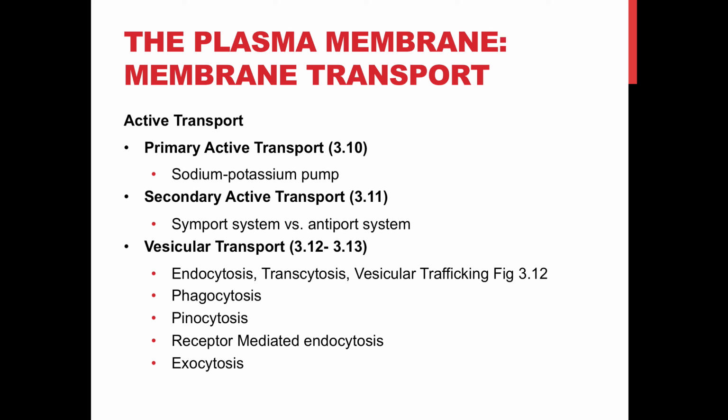But when we talk about primary active transport, a lot of times we're going to use the sodium-potassium pump as an example. And I'm just going to read this directly from the primary active transport section, and then I'll try to clarify a little bit. Okay. In primary active transport, hydrolysis of ATP results in the phosphorylation of the transport protein.